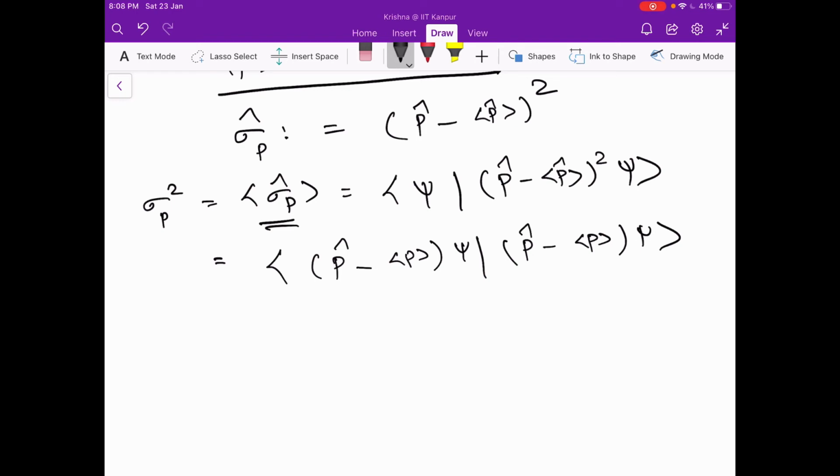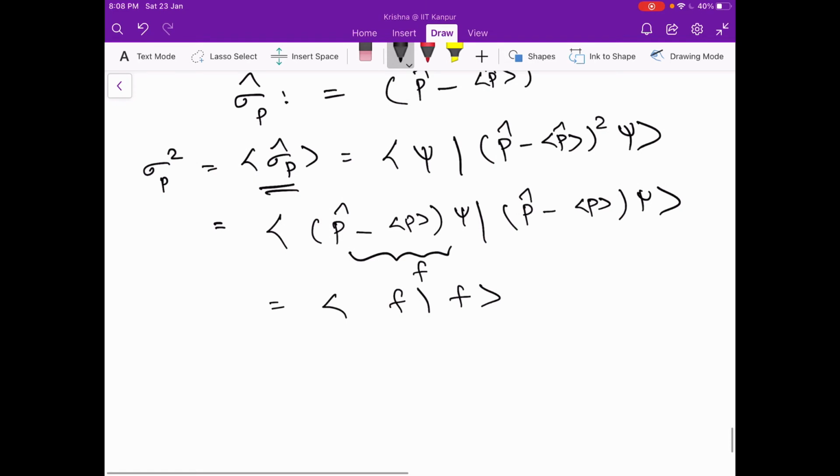And this is an inner product, let's say if you write this as f, this is similar to f, which is basically the same.